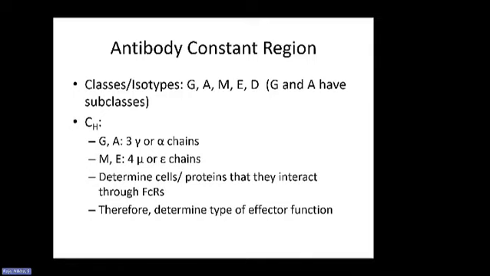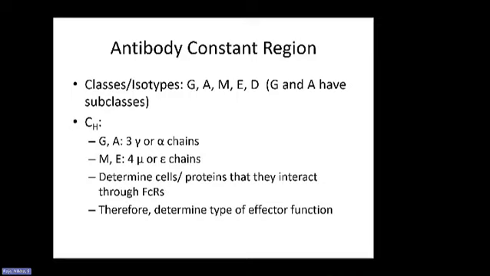It could be an IgE that binds to Fc receptor epsilon on a mast cell, and because it's bound to some antigen or say a parasite, it can bind to the Fc receptor on the mast cell and cause degranulation. So these are just examples of how the Fc region of the antibody determines what cell it can interact with, and because of that will determine what type of effector function it is, right?